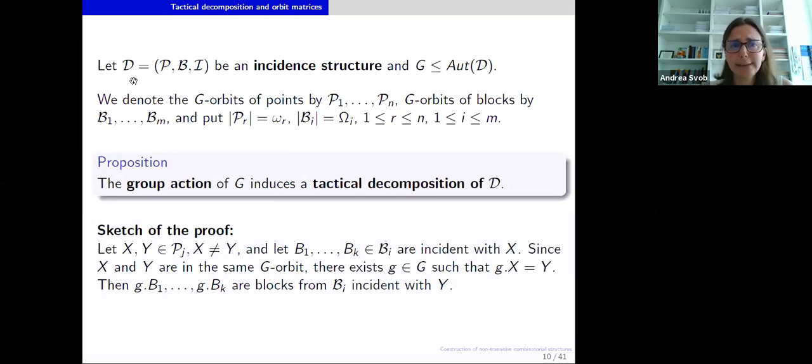So let D be an incident structure, and let G be the subgroup of the full automorphism group of the incident structure.